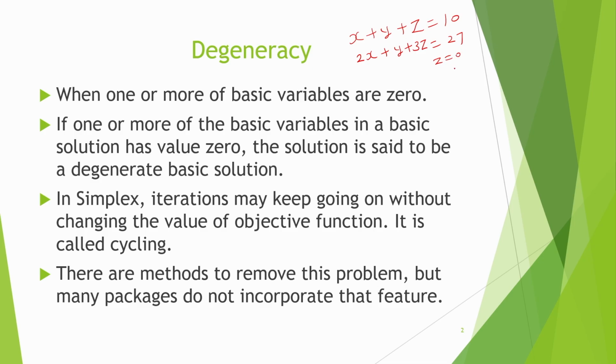So z becomes non-basic, then I am left with two equations, x plus y is equal to 10 and 2x plus y is equal to 27. Then I can solve these two and get values of x and y, and along with that z is 0. So x and y will be called basic and z will be called non-basic.